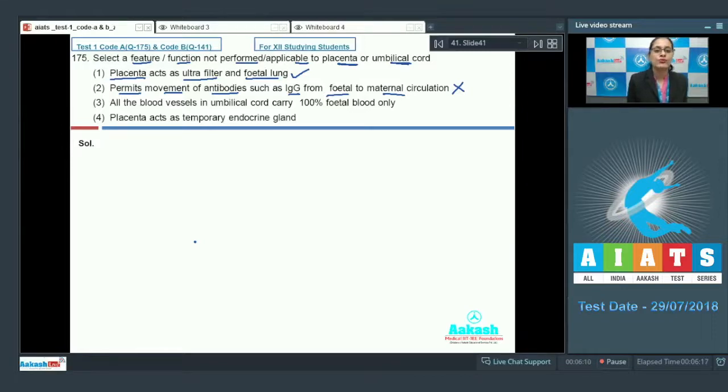And also the movement of antibodies will take place from maternal circulation to fetal circulation and not vice versa. The third option is all blood vessels in umbilical cord carry 100% fetal blood only, and this is a correct statement. Our last option says placenta acts as temporary endocrine gland, and this is a correct answer as we have already discussed that placenta will form several hormones like HCG, HCS, HPL or relaxin.